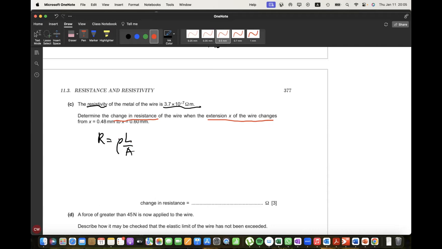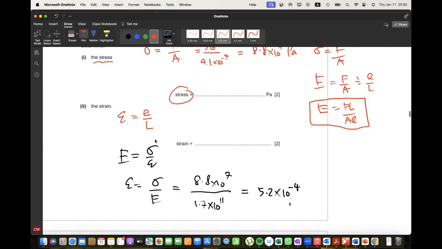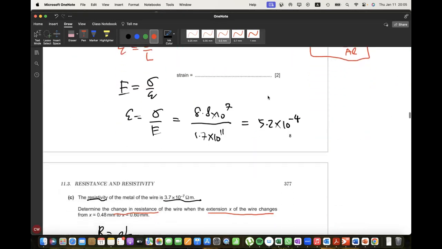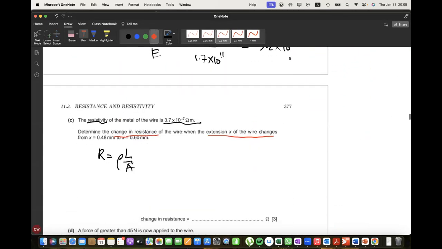Rho is a constant, A is a constant. Why? Because in the question, it is mentioned the area doesn't change, even though the wire extends. So the change in R is due to the change in length.